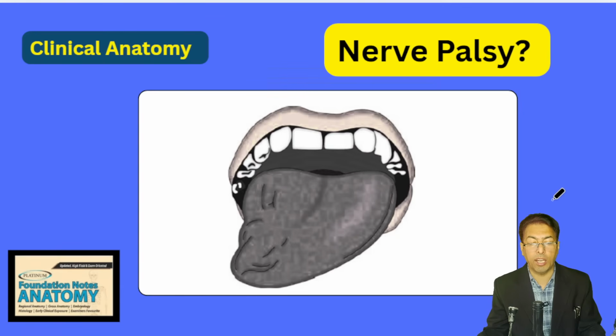But in case the tongue is deviated to either the right or the left side, it simply indicates respectively the hypoglossal nerve palsy of the right or the left side, as the case may be. So this is simply 12th cranial nerve palsy, right-sided hypoglossal nerve palsy. The question and the answer should be simple.